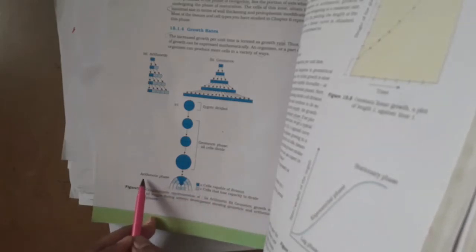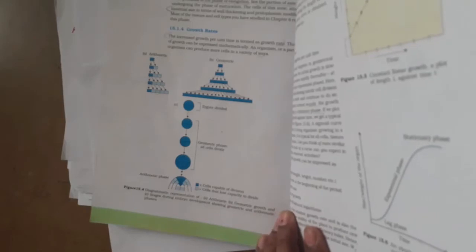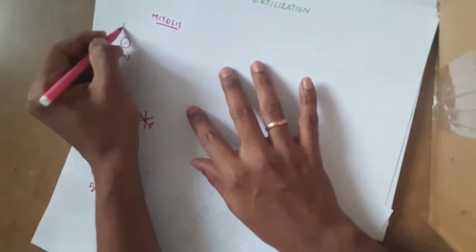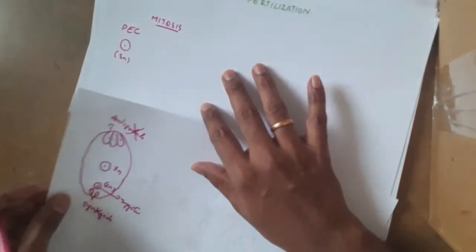Soon after the geometric cell division, the cells start undergoing differentiation, where some cells stop dividing and become mature, and the cell division that takes place is the arithmetic growth rate. The same thing happens for both the PEC, the primary endosperm cell, and the zygote.